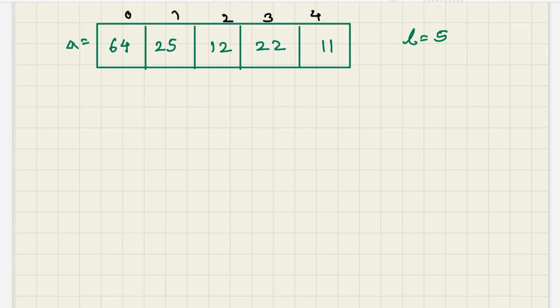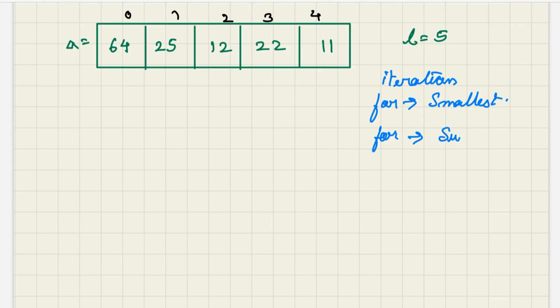Now, if you need to code this, how exactly can you code it? You have seen there were two types of iteration that we were doing. There is one loop in which we are checking the smallest element, and there is another step in which, after checking the smallest element, we swap that particular element.